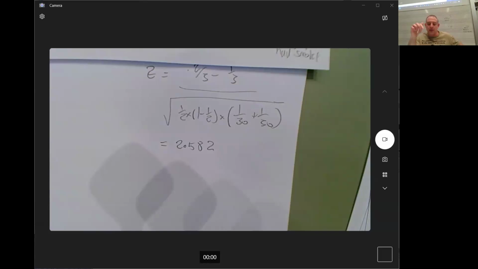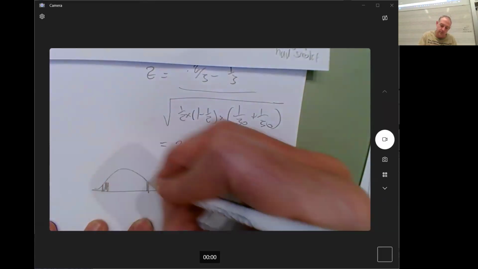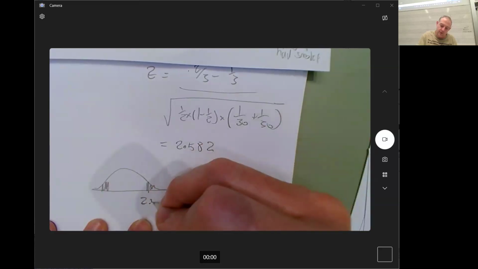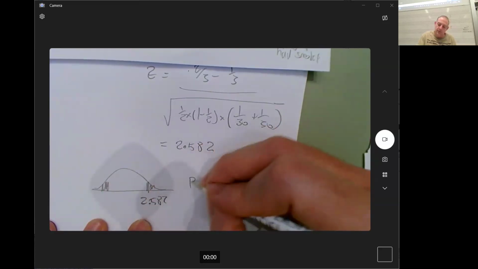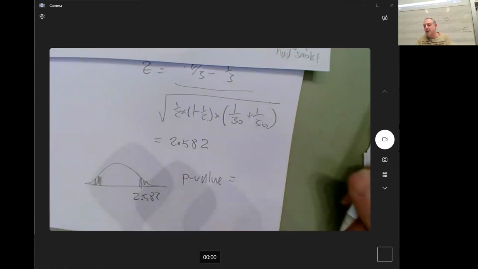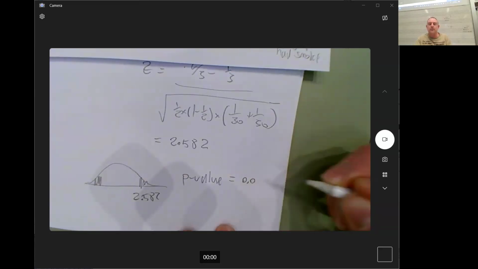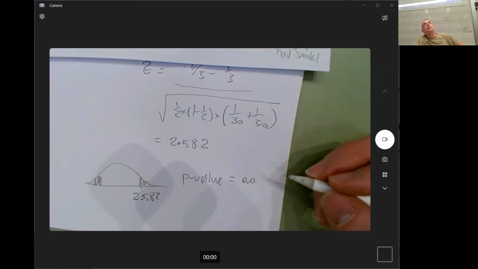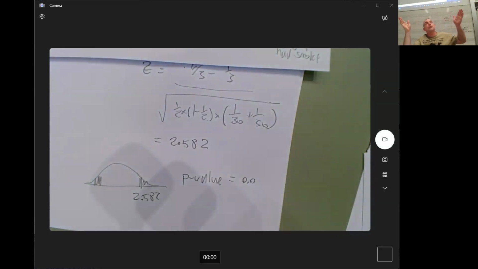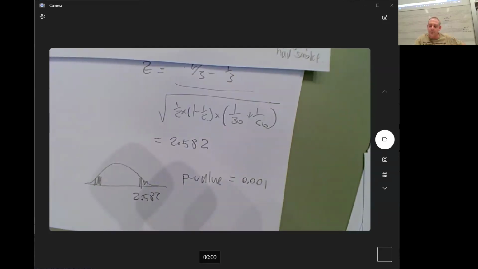If I did my p-value for 2.582, I will get a number that is going to be way less than 0.05. Probably 0.001, let's say, ish.